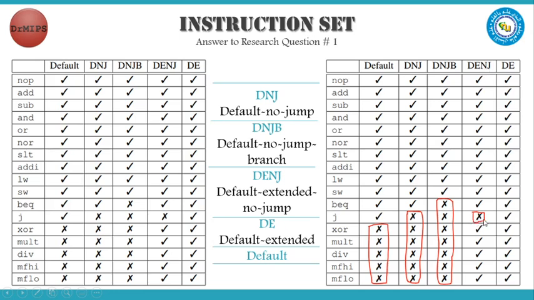So here we have the conclusion of the instruction set that is available in Dr. MIPS simulator. These are all the instructions that are implemented in Dr. MIPS simulator, but these are instruction sets or subsets that support some specific instructions or not.